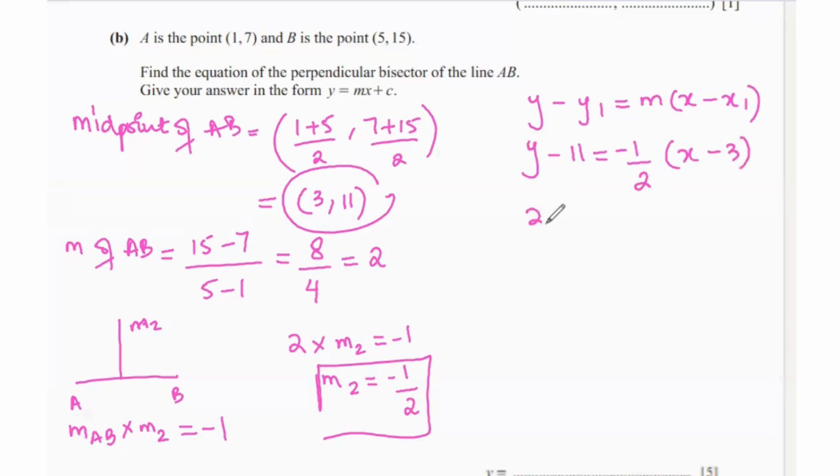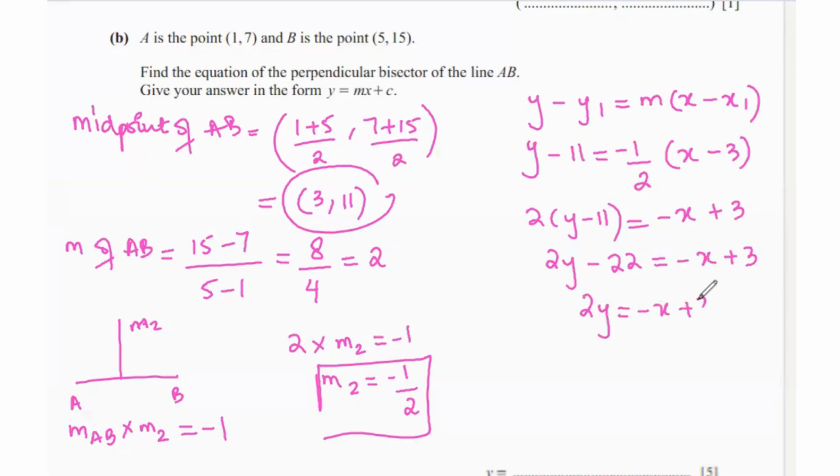Cross multiply: 2 times (y minus 11) equals, expanding the bracket, negative (x plus 3)... so that's 2y minus 22 equals negative x plus 3. 2y equals negative x plus 3 plus 22, which is negative x plus 25.